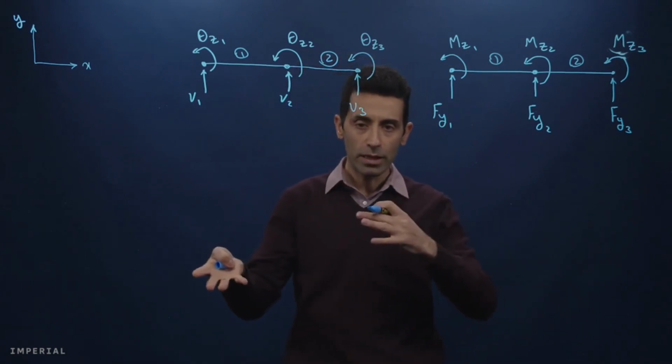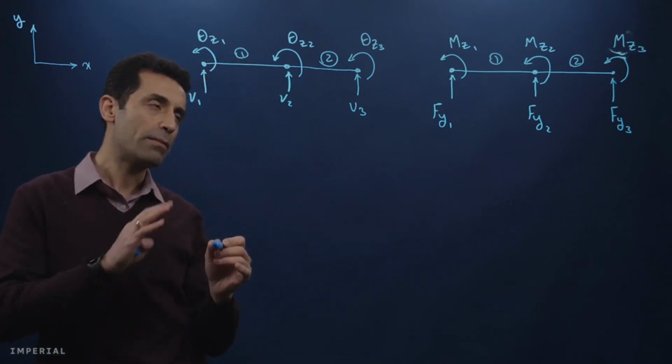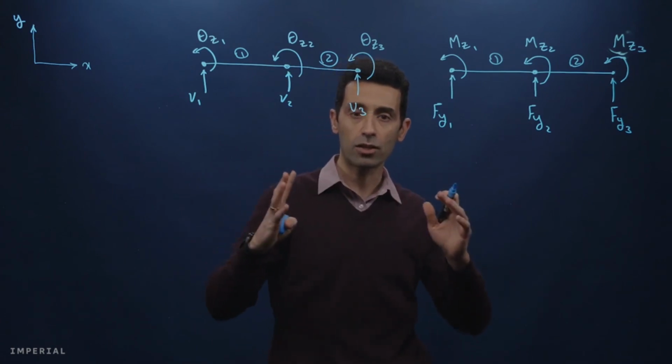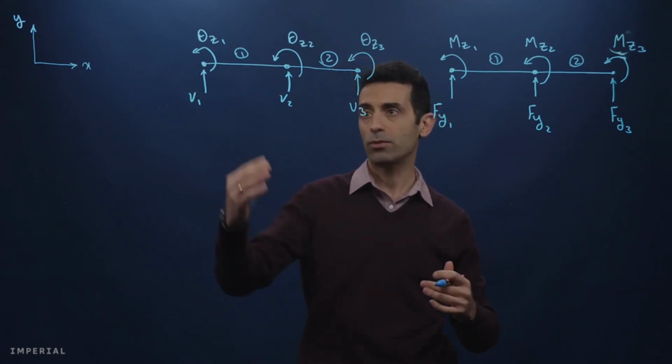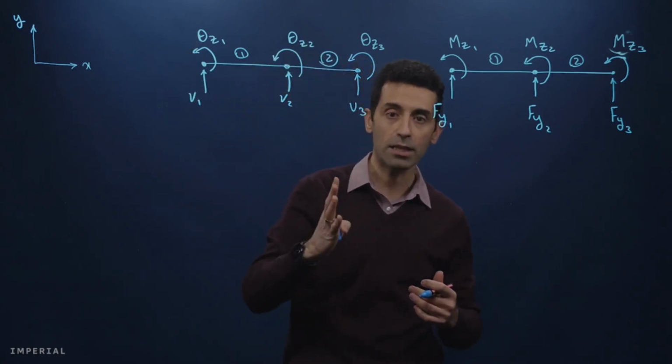Now we can put this into the equilibrium equation, where you can imagine, based on the number of degrees of freedom, we can determine the size of the structure stiffness matrix. Here we have 1, 2, 3, 4, 5, 6 degrees of freedom.